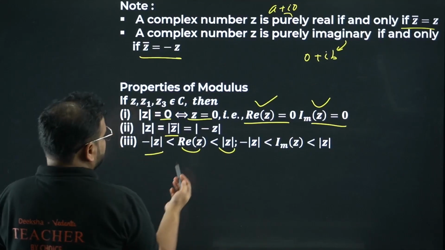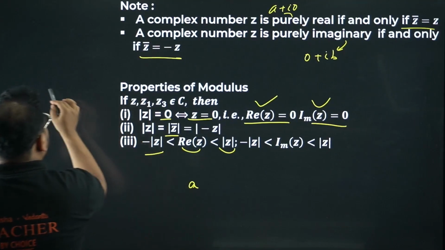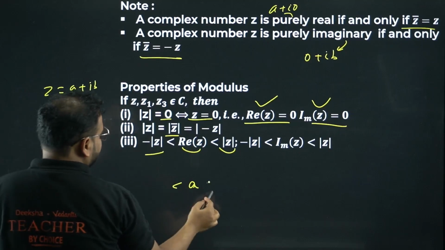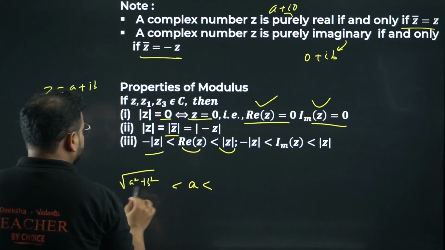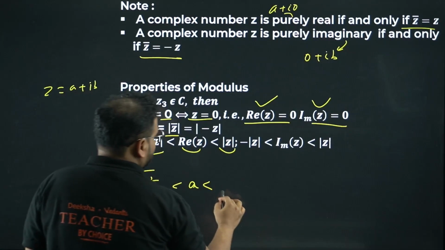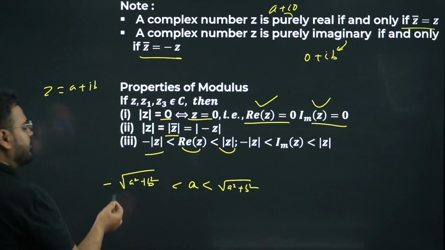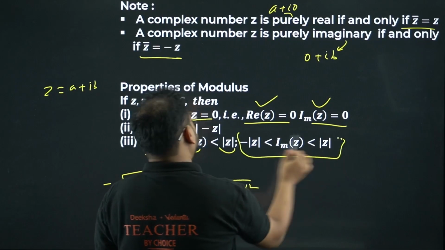If I write z equals a plus ib, then a lies between minus root of a square plus b square and root of a square plus b square. From here to here, always it will lie like that. Same goes for the imaginary part as well.